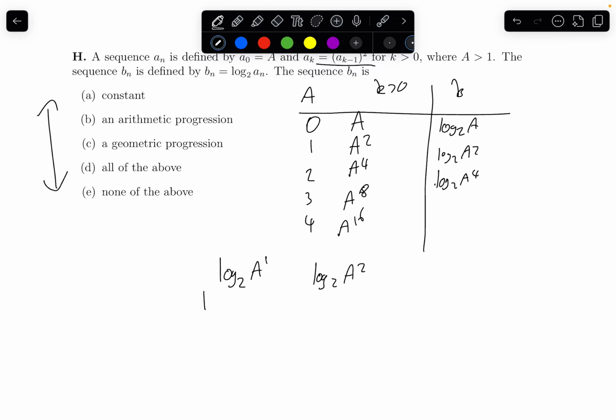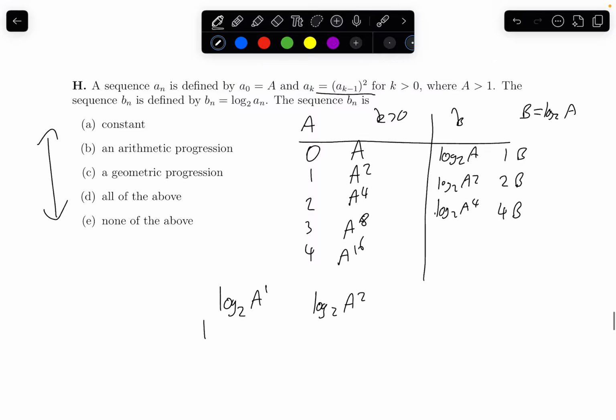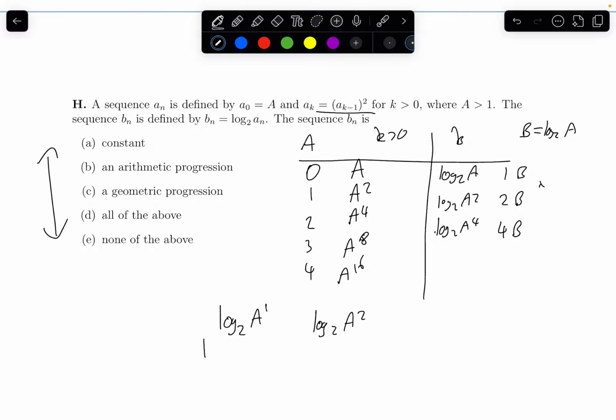And you can write these by log laws as 1 times a number, because log 2 of a is a number, 2 times log 2 of a, so that's just a number, 4 times a number, where b equals log 2 of a. So you've just got a number, then times by 2, times by 2. Oh my gosh, what's that? That's a geometric progression. So C.